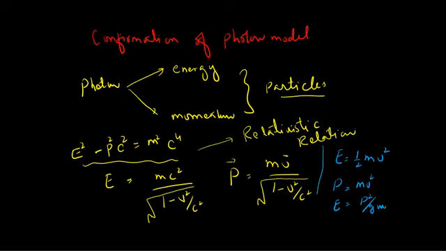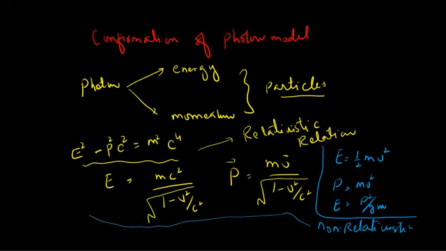So these are the non-relativistic versions of the relativistic equations. If you could somehow solve these equations, then you will come to this relation, which is the relativistic relation of momentum and energy.